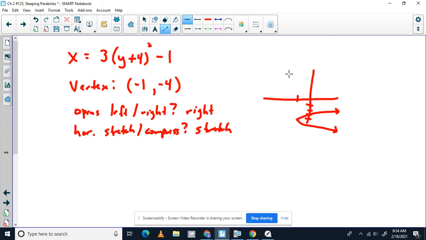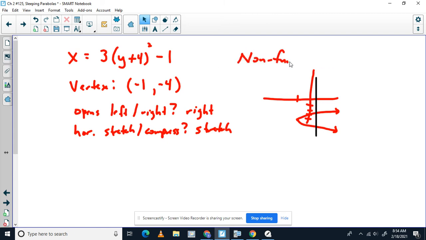If I were to take a vertical line and I move this vertical line, notice it hits my graph in more than one point. So in other words, there's 2 outputs for certain inputs. And that means this is not a function. So this is one of the 2 non-functions you're going to look at today.